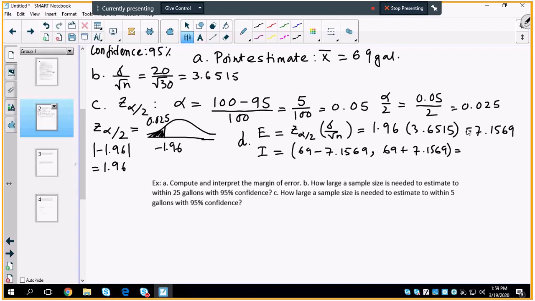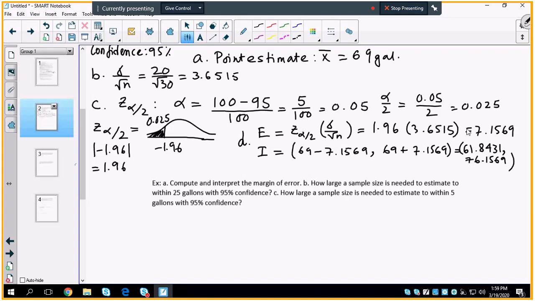When I subtract 7.1569 from 69, I get 61.8431, comma, then I add and I get 76.1569. So this is the confidence interval.